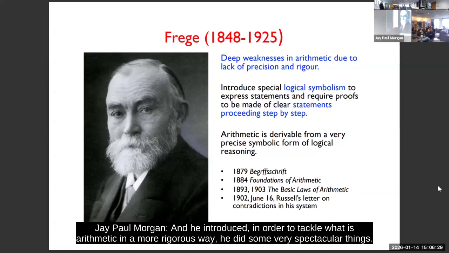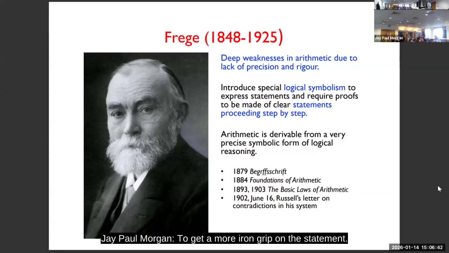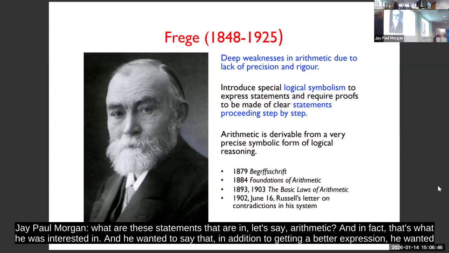And he introduced, in order to tackle what is arithmetic in a more rigorous way, he did some very spectacular things. So the first thing is that he introduced a special logical symbolism to get a more iron grip on statements. What are these statements that are in, let's say, arithmetic?